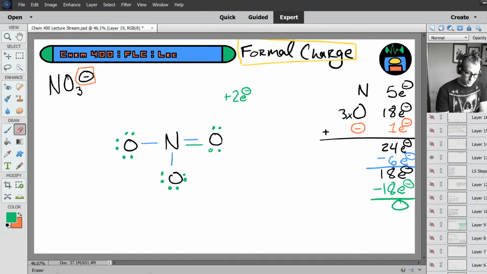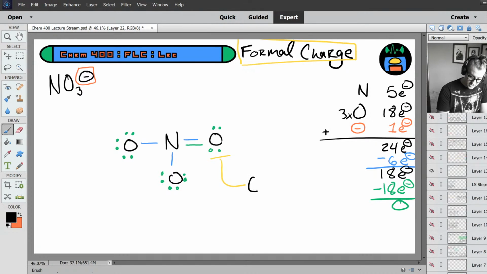All right, so we have selected our central atom, attached all others, and completed octets. Now we need to assign formal charges to every element in this molecule. Let's start with this oxygen right here. Neutral oxygen has 6 valence electrons.